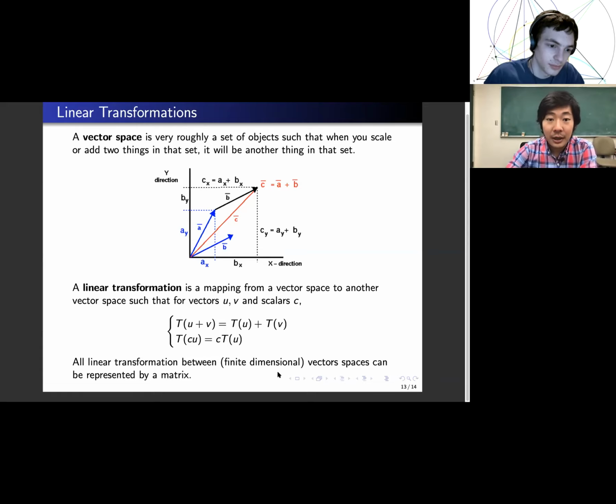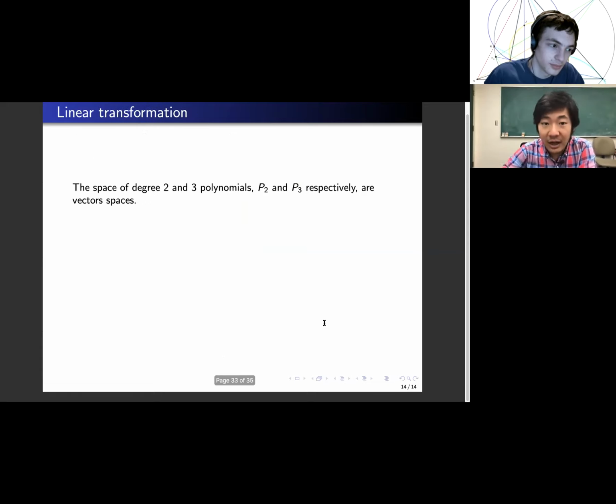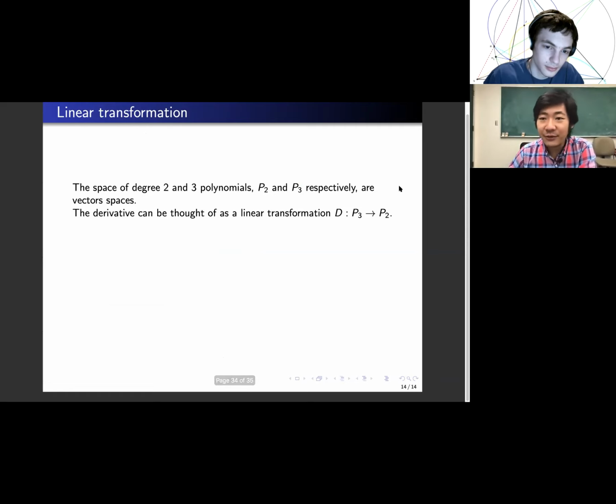So here's an example that I wanted to get to. Suppose you have spaces of degree 2 and degree 3 polynomials, then they are vector spaces. There's a linear transformation between these two spaces that you may or may not have seen before, called differentiation.